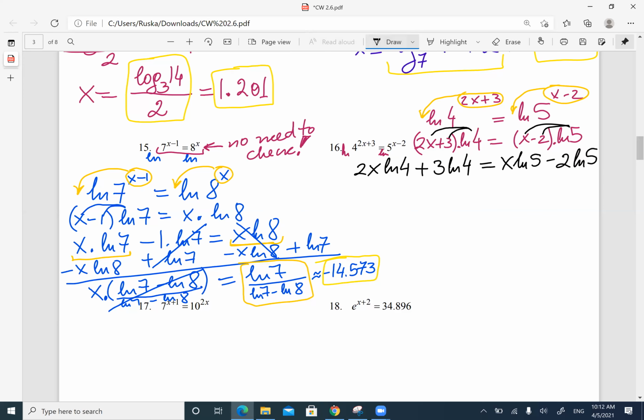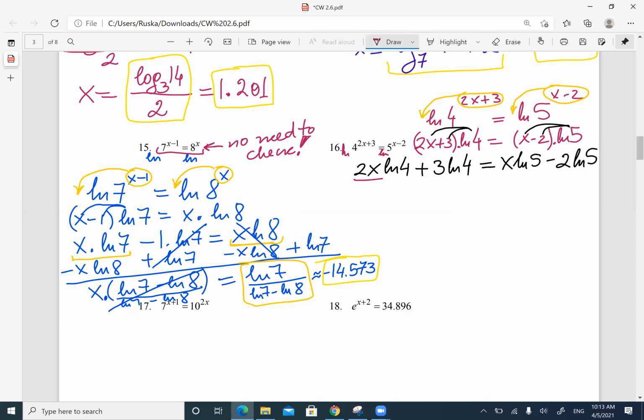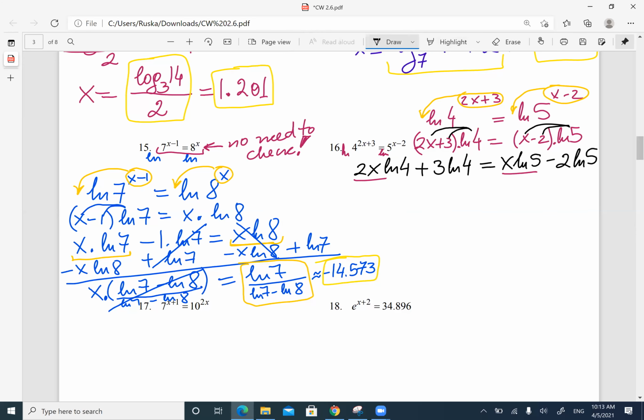Okay, now we're going to see which of the terms have x. So this x and this x have to be on the same side. You have to move them to the same side. So I'm going to, let's say, subtract x ln 5 from both sides. Minus x ln 5, cancel. And I'm going to subtract 3 ln 4.